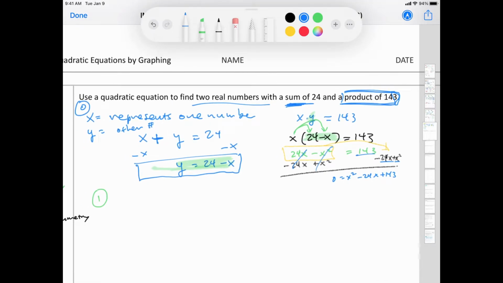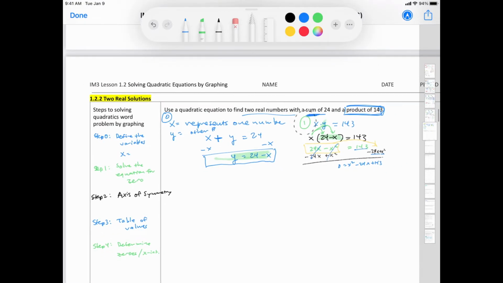Let's move it over here. Step 1, we solve the equation for 0. Okay, let's review what we've done so far. We've defined our variables. We solved the equation for 0, and now we're going to do the axis of symmetry.